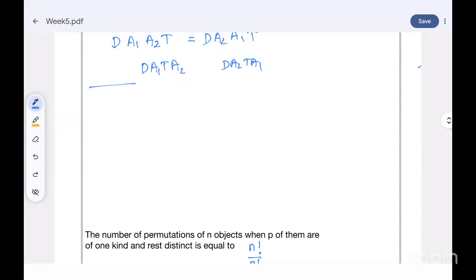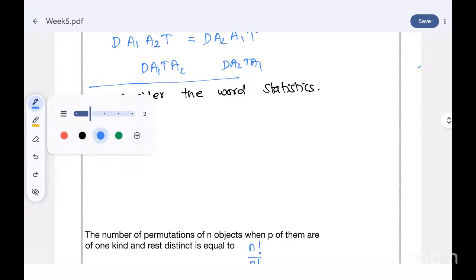In the lecture, ma'am, the word statistics is used. Okay, so let us start with statistics. Consider the word statistics. What are the distinct letters in statistics first of all? S, T, A, I, and C also.